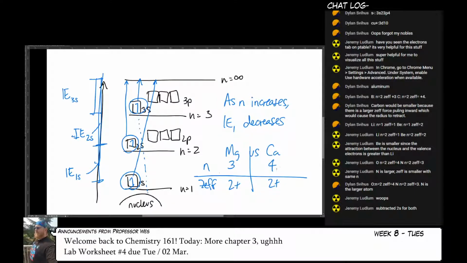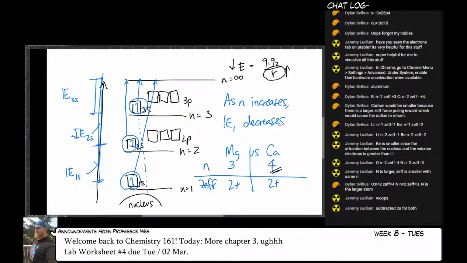But if the electron is further away, remember Coulomb's Law. If this is bigger, the energy of attraction goes down, and thus that makes it easier for me to pull away. So if I'm only comparing n, the one with the bigger n has the lower ionization energy. It's easier to ionize bigger atoms.